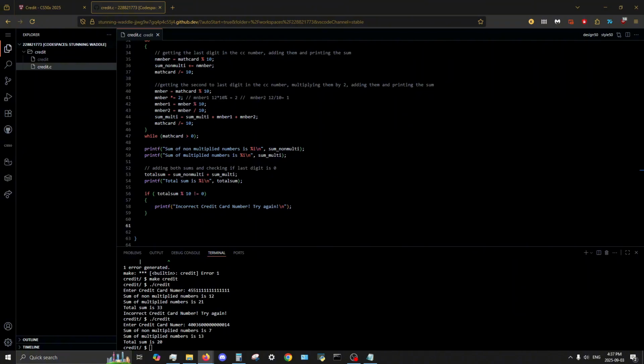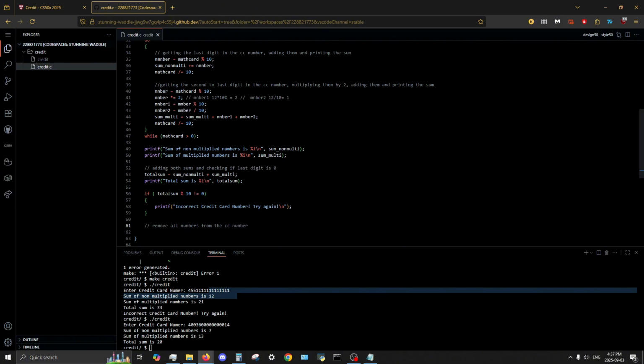So you need to remove the numbers from the credit card number, remove all numbers from the credit card number to under 100, and then check that against the credit card type: Visa, Amex, MasterCard.